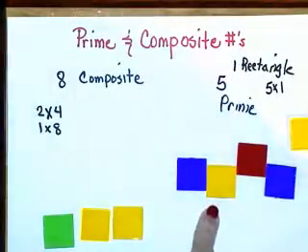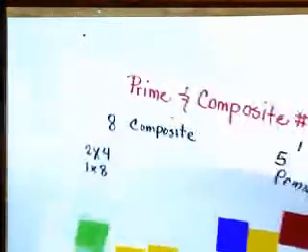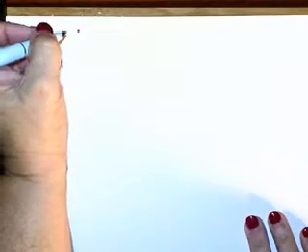Now beyond the area model, we can also look at finding prime and composite by looking at prime factorization. The fundamental theorem of arithmetic says that every number can be written as a product of unique prime factors.